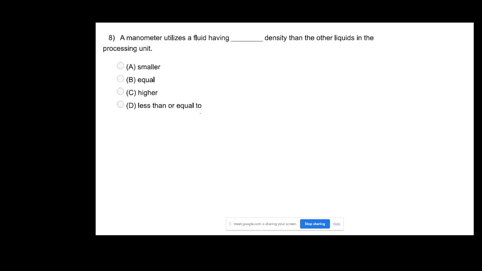Next question here is, a manometer utilizes a fluid having dash density than the other liquids in the processing unit. For this, I already mentioned in the previous slide that we usually use the fluid which is having higher density because the pressure due to fluid will be rho gh.